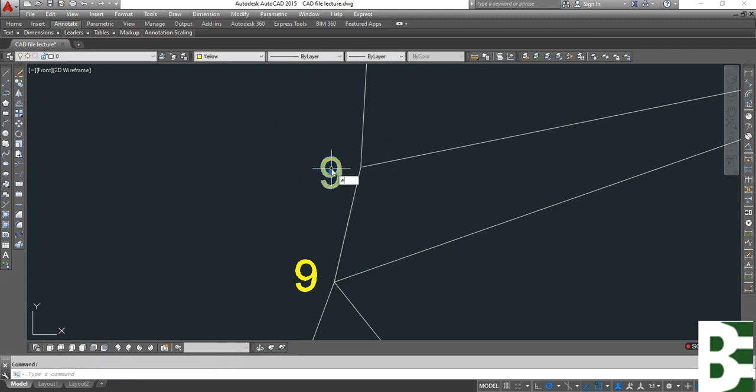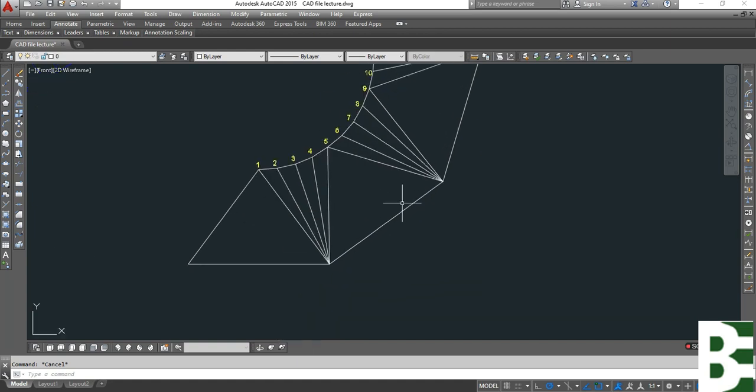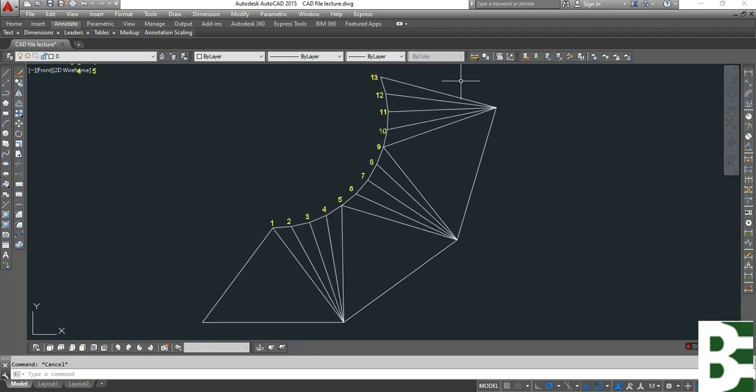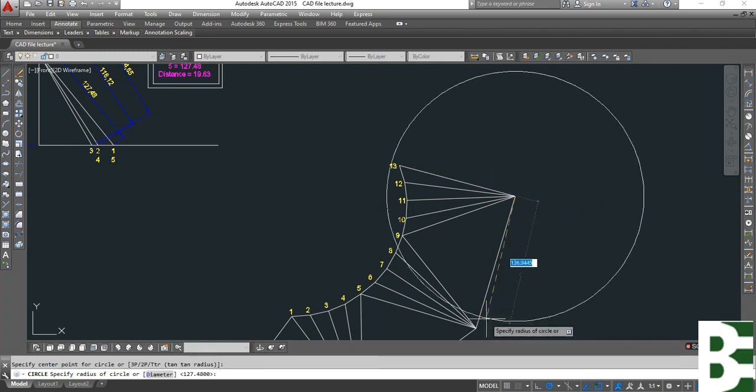I will add them now. Number 10, number 11, number 12 and 13. Finally we have the 3 corners, and remaining is number 1. The same thing is 150.